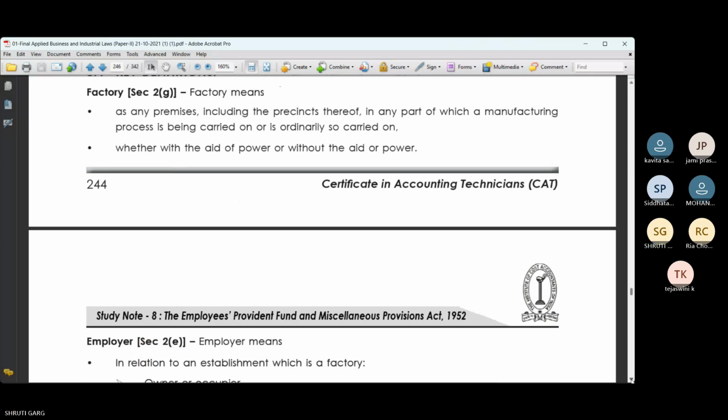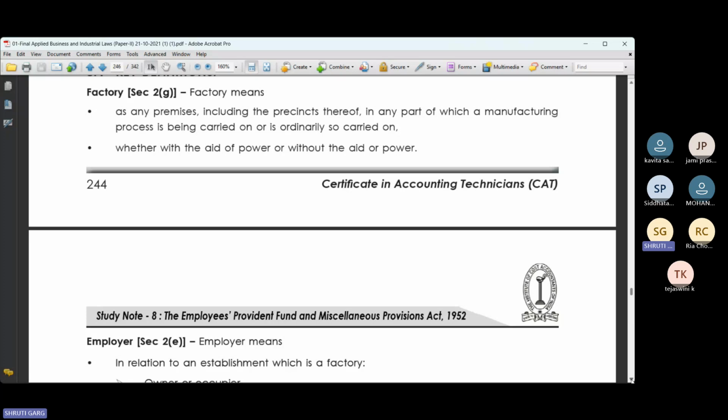Precincts means boundaries thereof, or any part of which a manufacturing process is being carried on or is ordinarily so carried on, whether with the aid of power or without the aid of power.